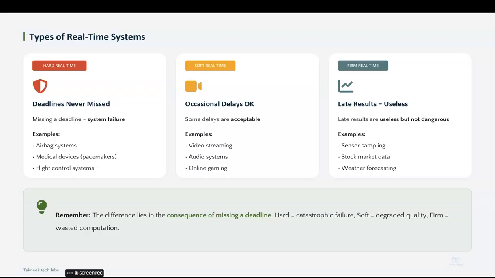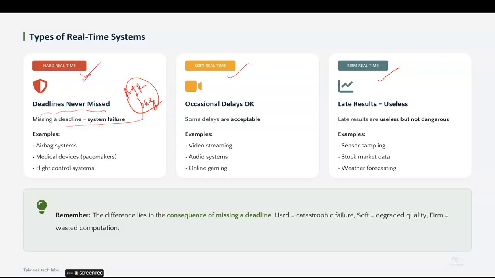Next, there are some types of RTOS. One is called hard real time, another is soft real time, another is firm real time. A hard real time example we have seen is the airbag. We cannot afford to lose a person's life because a deadline got missed. The deadline should never be missed. If a deadline is missed, that's a failure.